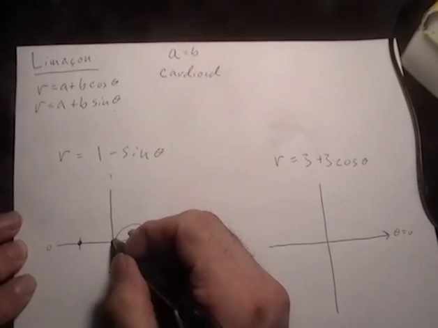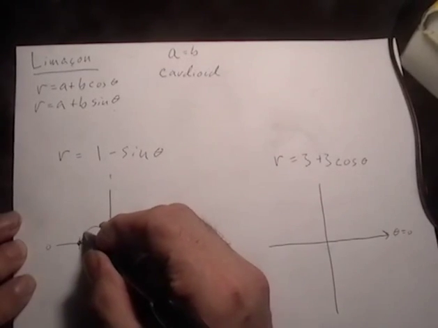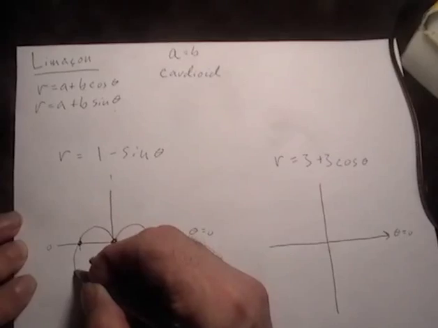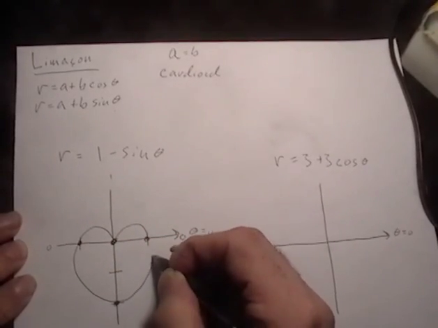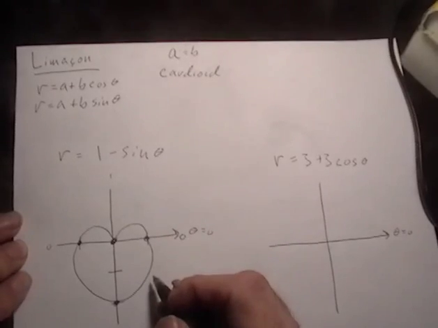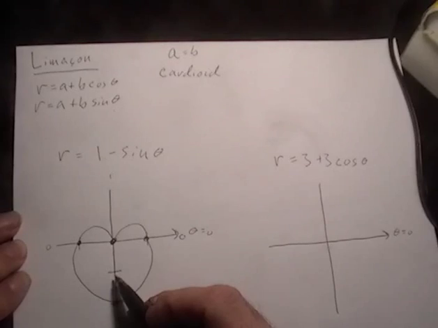From r equals 0, I extend out to r equals 1, out further to r equals 2, return to r equals 1. And this will be a cardioid, or heart-shaped graph.